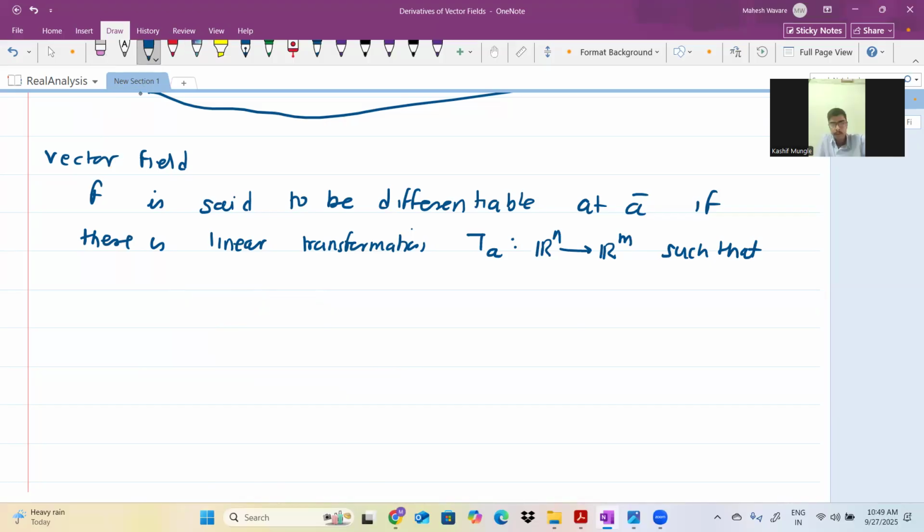Such that F of A bar plus V bar is nothing but F of A bar plus, what you write there, the linear transformation at V bar, plus norm of V times this scalar value function EA bar V. This E function is such that when norm V tends to 0, it will tend to 0.